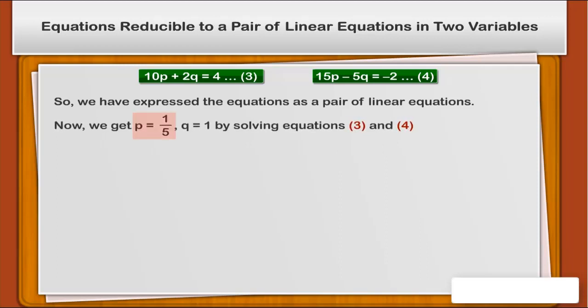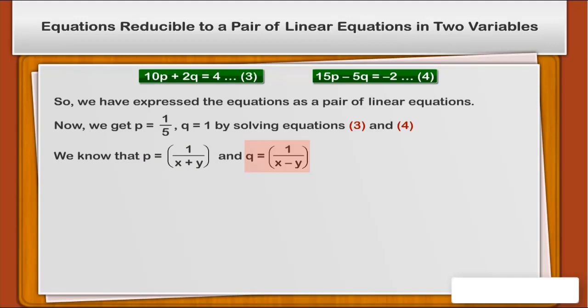Now we get p is equal to 1 upon 5, q is equal to 1 by solving equations 3 and 4. We know that p is equal to 1 upon (x plus y) and q is equal to 1 upon (x minus y).